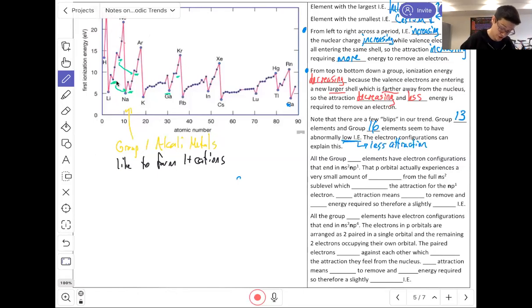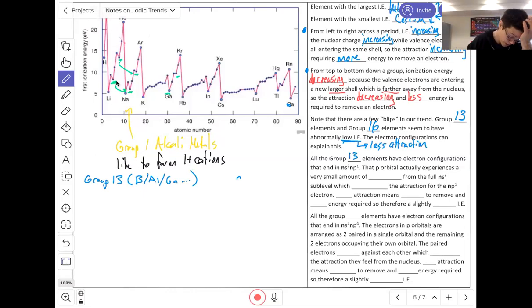So first off, let's talk about group 13. My group 13 elements are boron, aluminum, gallium, etc. The group 13 elements all have electron configurations that end with a full s2 and then a single electron in p1.